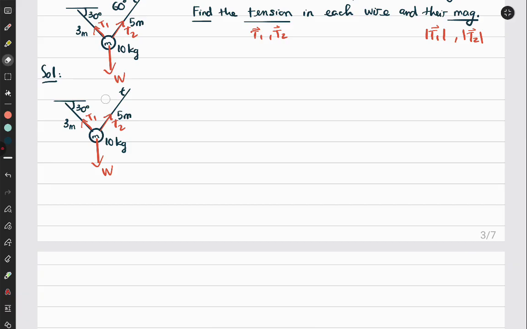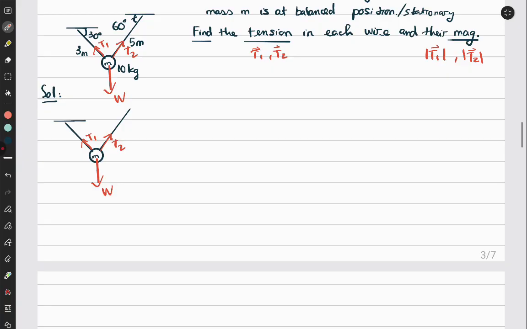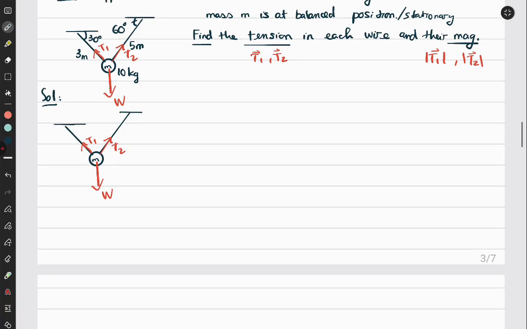Okay, 60 degrees, 30 degrees, 3 meters. Only focus on the vectors. In order to find T1 and T2, we have two, but T1 and T2 are going at an angle right now.